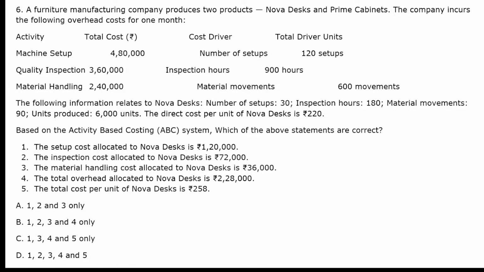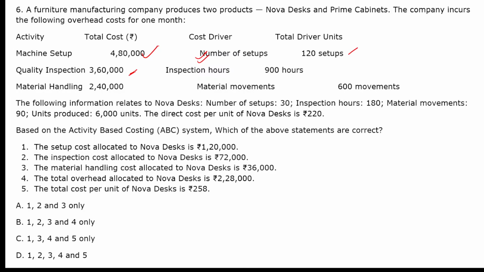A furniture manufacturing company produces two products, Nova Desk and Prime Cabinets. The company incurs the following overheads for 1 month. Activity, total cost, driver and total driver units. Machine setup, total cost is this much, and the cost driver is number of setups, and units are 120.